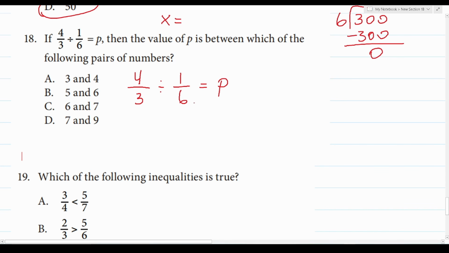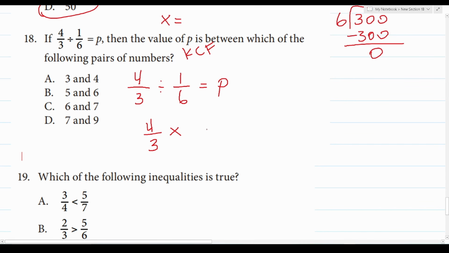In case you haven't seen that in a while, you divide fractions by following the algorithm keep, change, flip. That is to say, you keep this first fraction the same. So we're going to keep 4/3 the same. We're going to change our sign from division to multiplication. That's C, change. And then we're going to flip this second fraction.